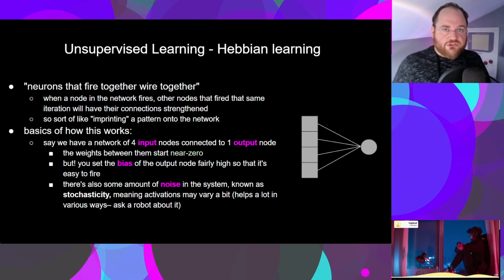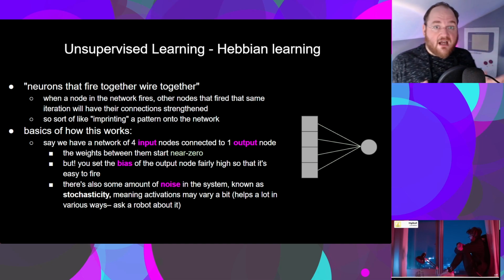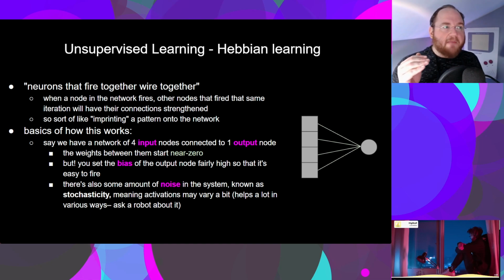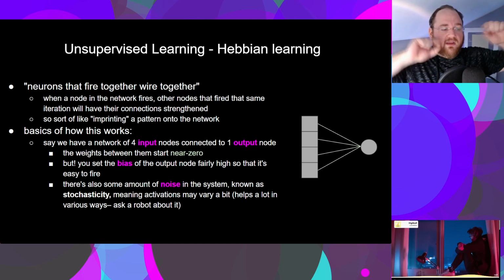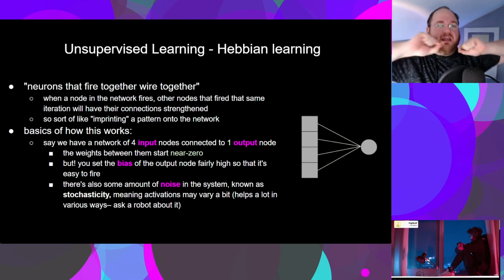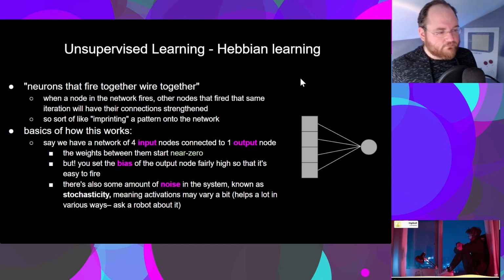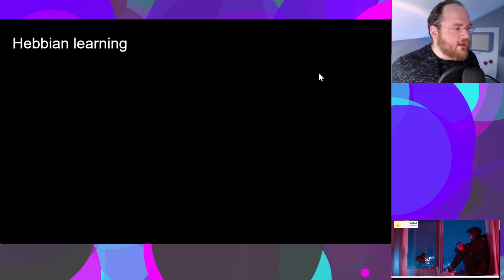You want this during training so that it doesn't get fully stuck. If you didn't have the bias set right, it might never be able to produce a firing pattern at all if there's not a little bit of noise making it, on occasion, fire off. So, if you want to know more about that, talk to a robot.